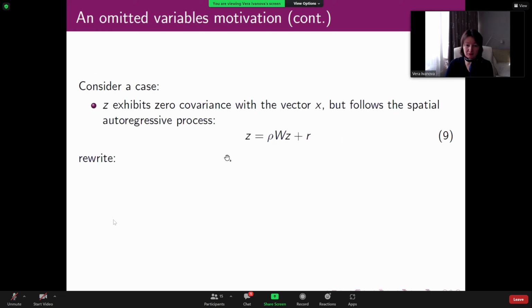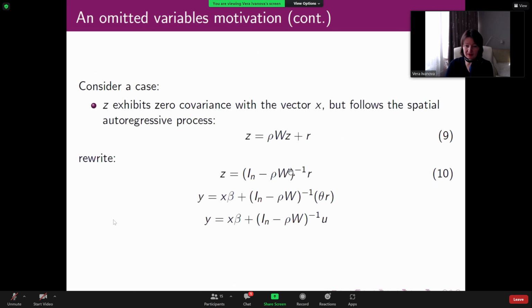Then we can rewrite this, and we get the spatial regression model after modifying this, that this term corresponds to spatial autoregressive model.